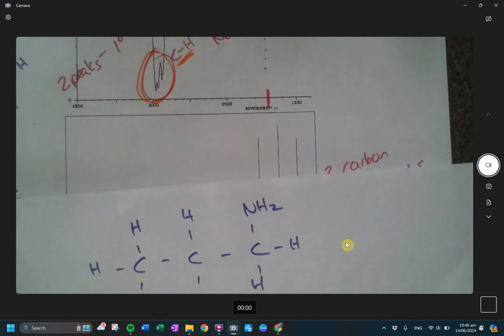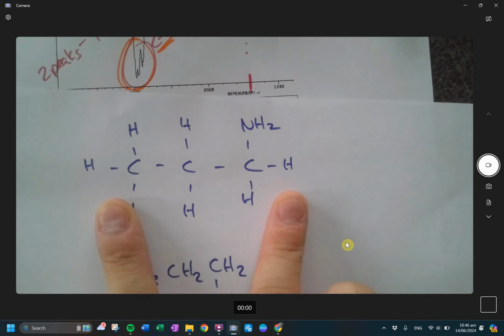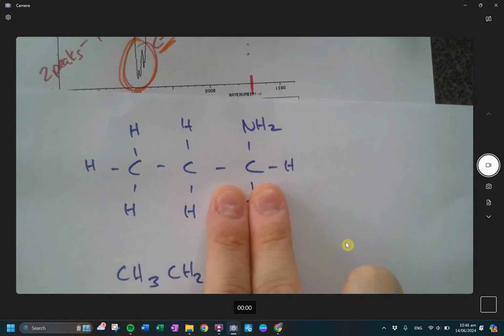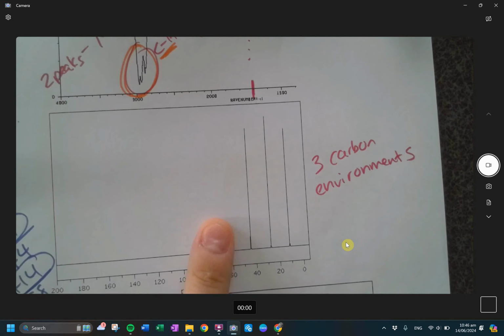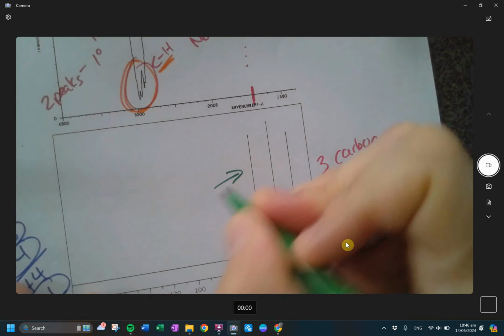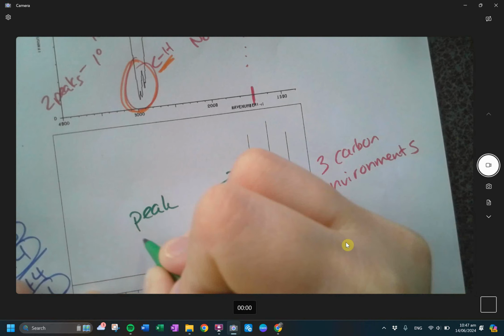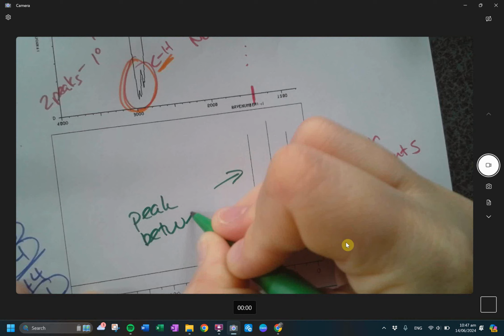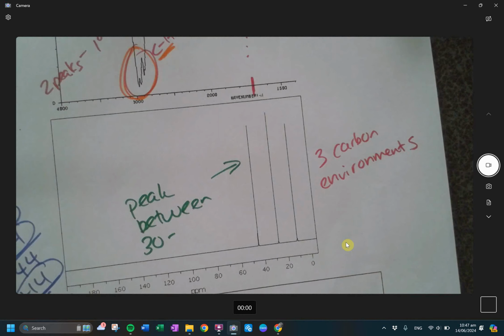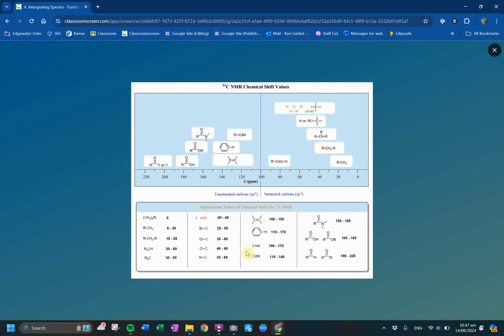So, we said how this is 3 carbon environments, and we're trying to figure out which could be which peak. This one here is going to be this peak over here because it's within the range. 30 to 65?